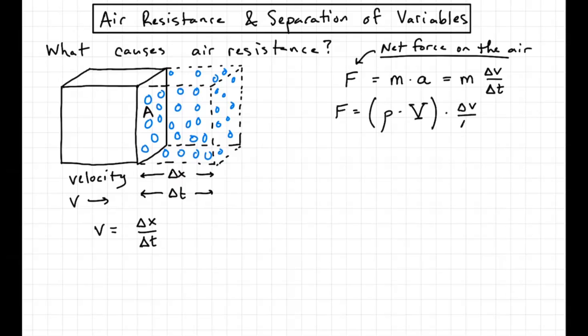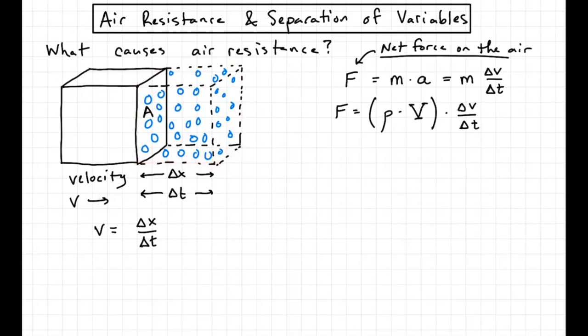All right, but what's the volume of the air? Well, if we're considering this time period here for the change in velocity, then it should be all the air that gets moved out of the way in this cube right here. So that's the volume of the air that we're considering, because that's the volume of the air that actually gets pushed out of the way as the block moves from this spot to this spot.